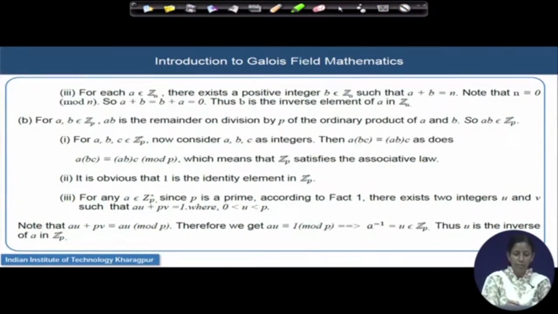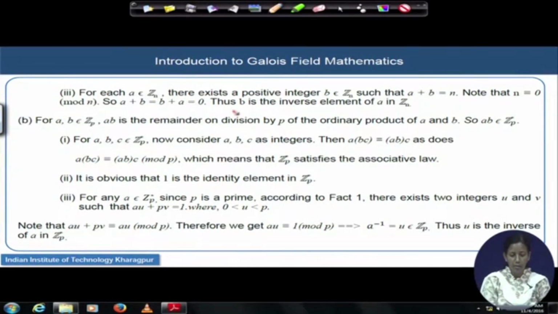Now, for each and every A that belongs to Zn, there should exist a positive integer B that also belongs to Zn, such that when this operation is done, it is equal to n. Note that n is equal to 0 mod n.